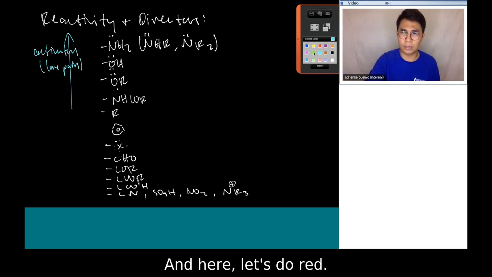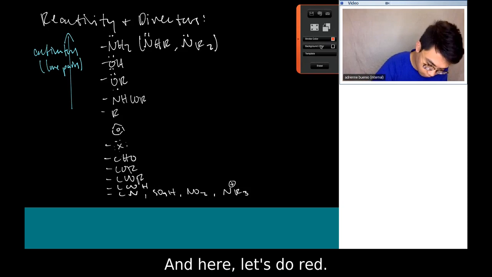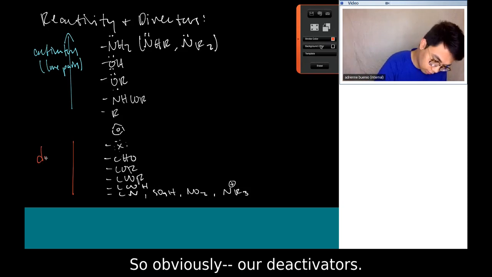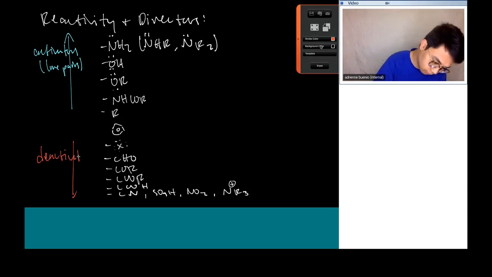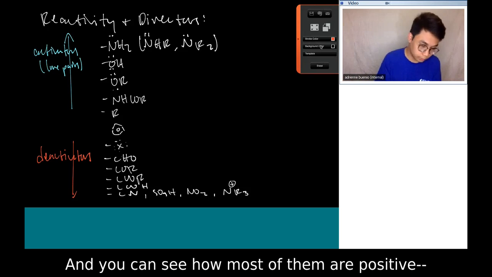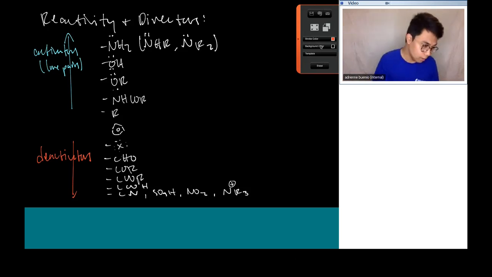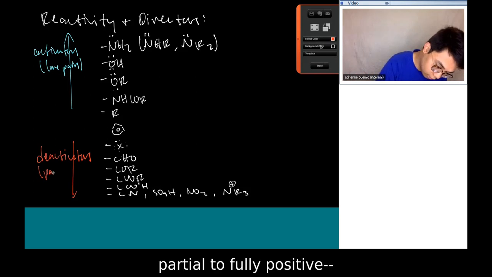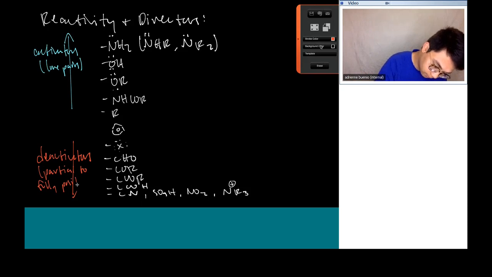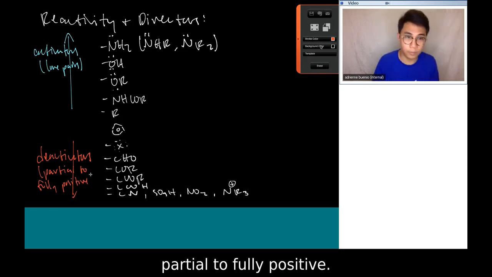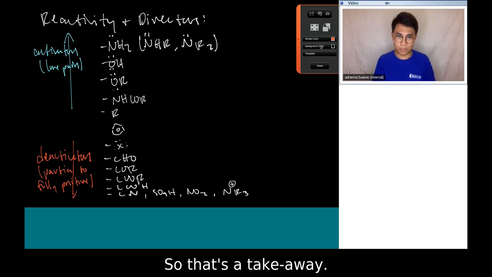And let's do red. So obviously these are the deactivators. And you can see how most of them are positive, partial to fully positive, right? Partial to fully positive. So that's kind of the takeaway.